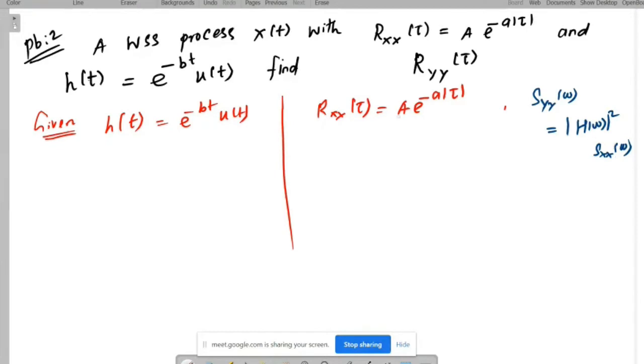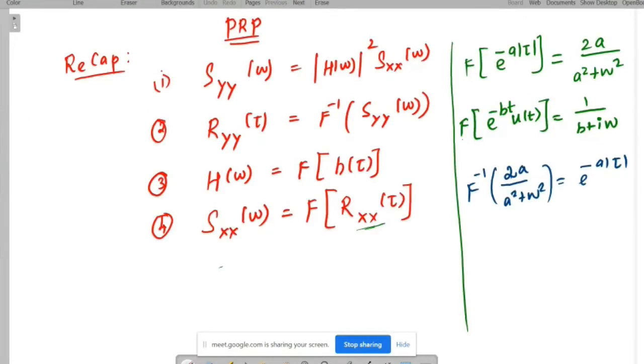So by using h of t, try to find out this value, right? So what is the formula? Already recall this formula. Fourier transform of e power minus bt u of t, u is a unit step function, you may get 1 by b plus i omega. So you have to put this value here, right? So try to apply correctly.